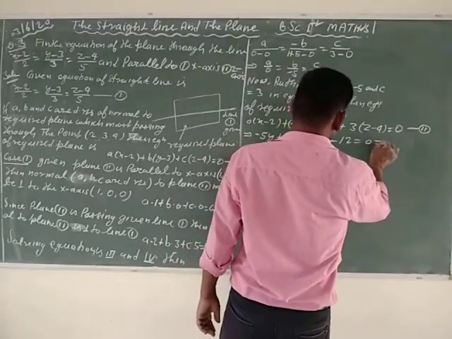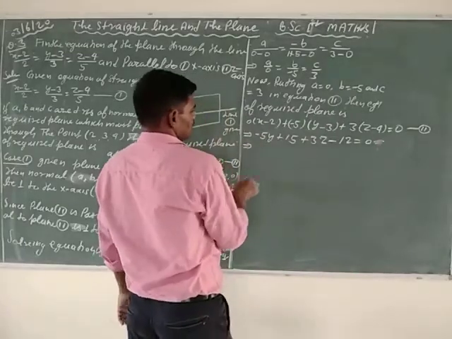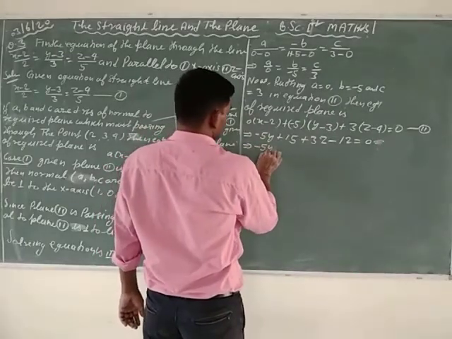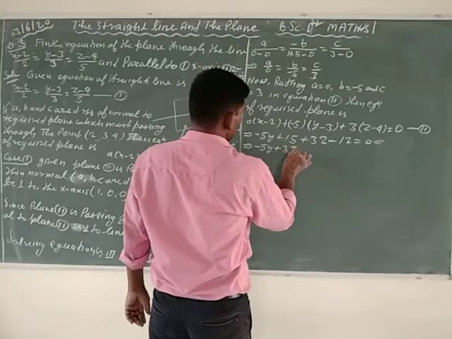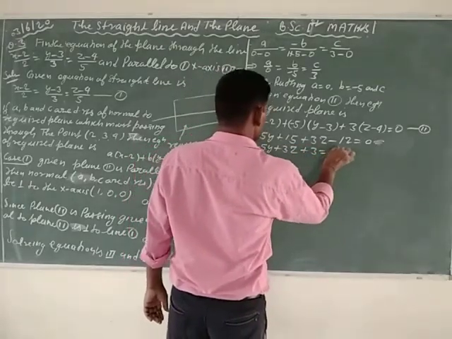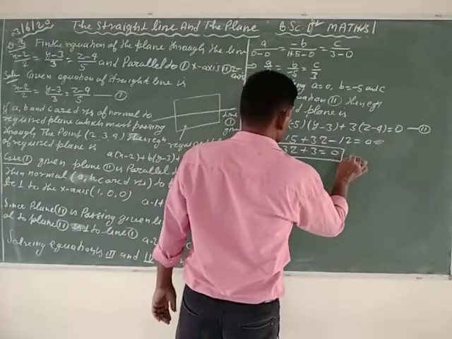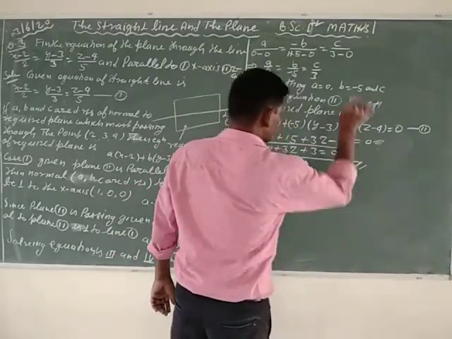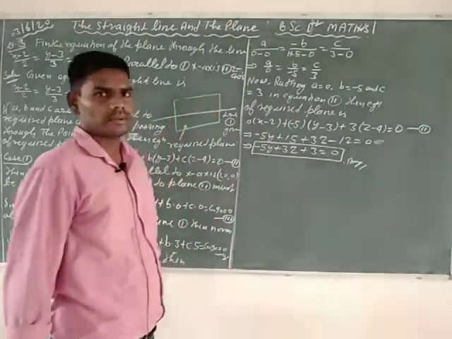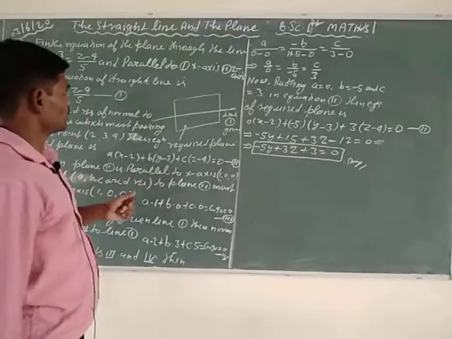Simplifying this, the equation of the plane is minus 5y plus 3z plus 3 is equal to 0. This is the complete solution of the question third.